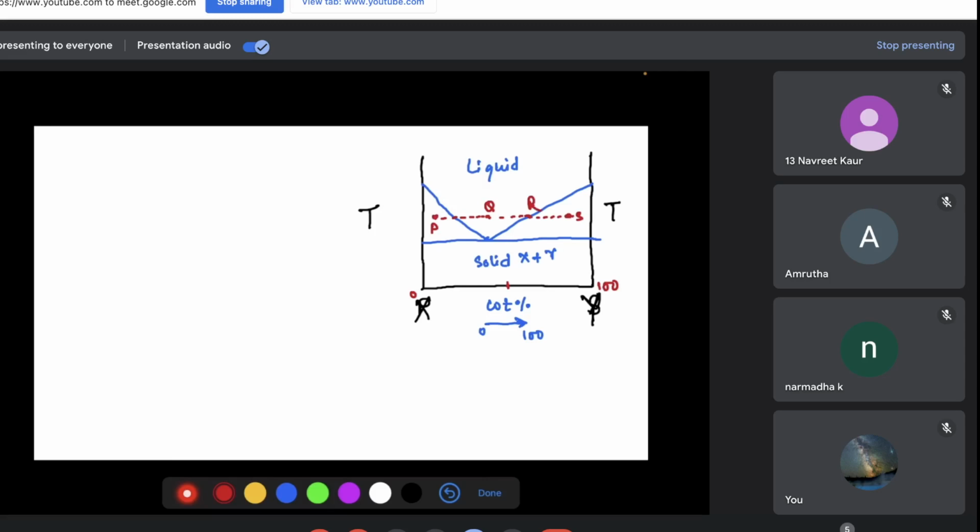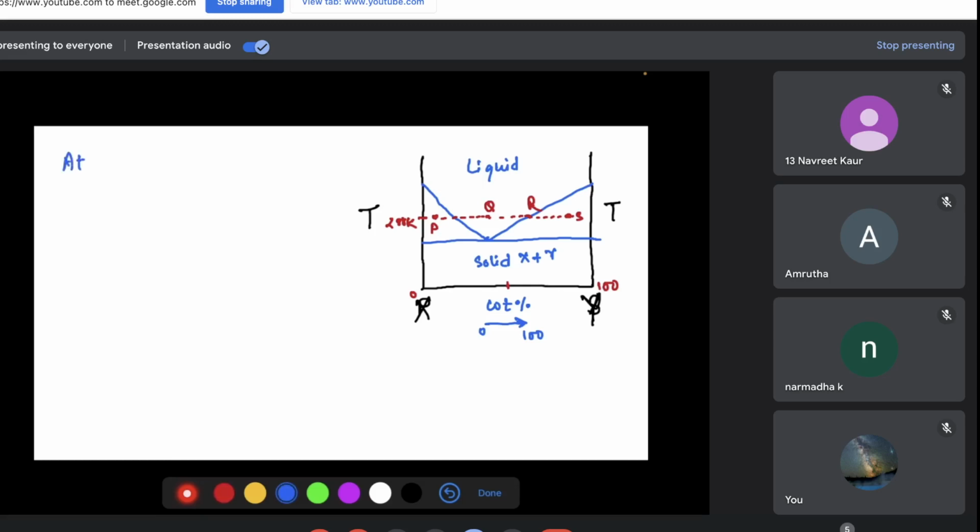Now this is 288 Kelvin, it is given. We were given the mole fraction of Y, so we can denote it either with weight percentage or mole fraction. We will just discuss the fundamentals here.